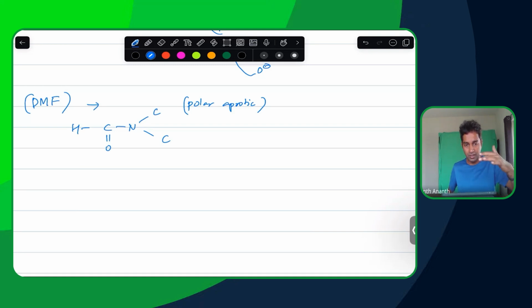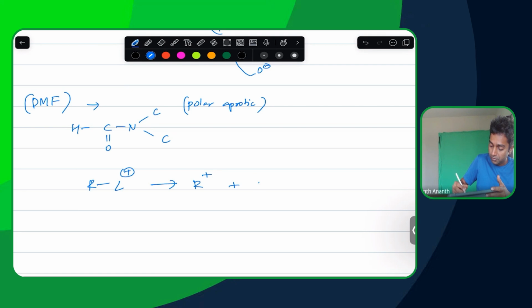If I take this system, let me put it down here and show. In this, both sides are going to be favored by the solvent being more polar. That is, I'm going to have this one and this one, both better in terms of favorability.